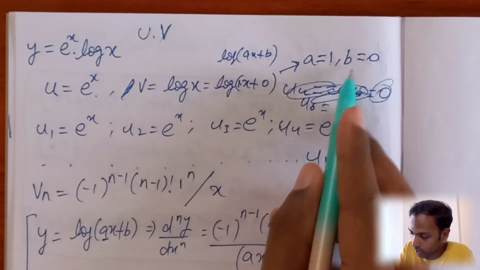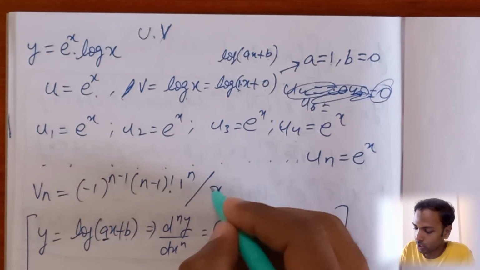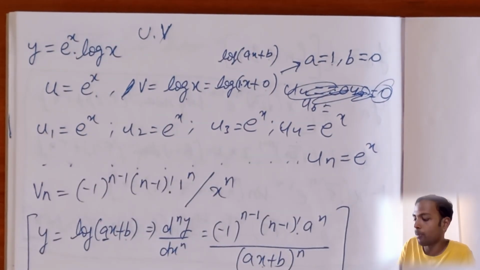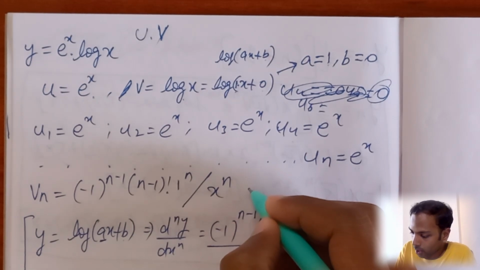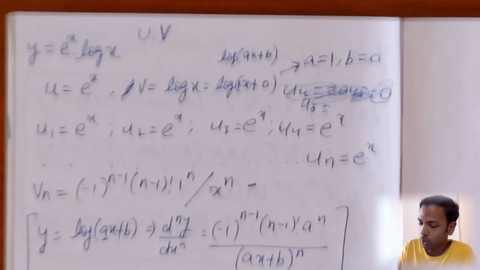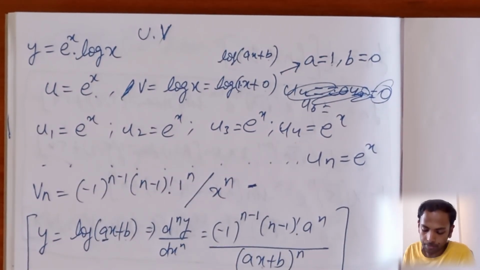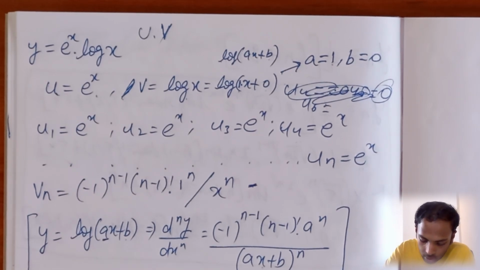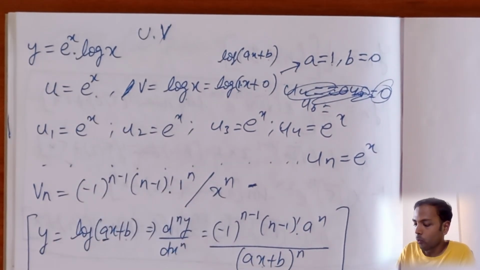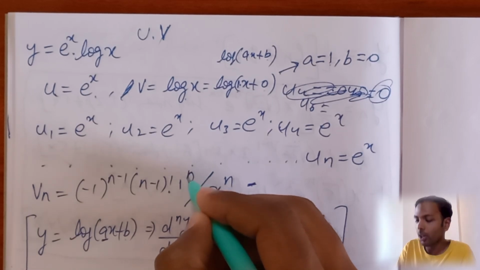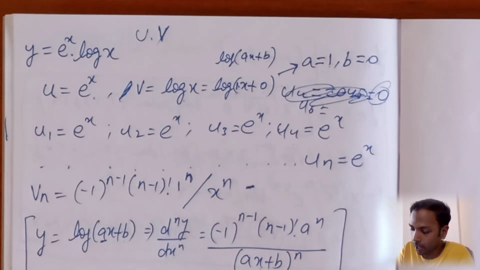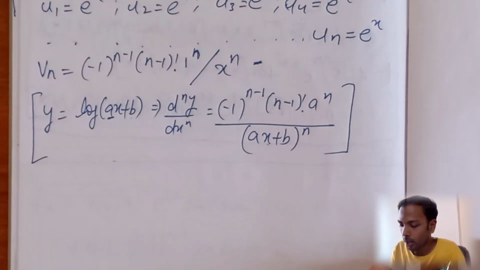A is 1, and b is anyway 0, so just x will be remaining, x to the power n. This is the final answer, this is Vn. 1 to the power anything is 1 itself, but I'll keep it just to show you, let it be 1 to the power n. Not a problem.